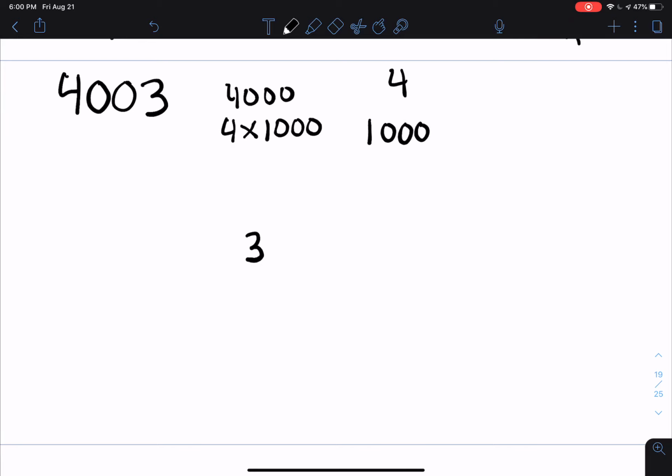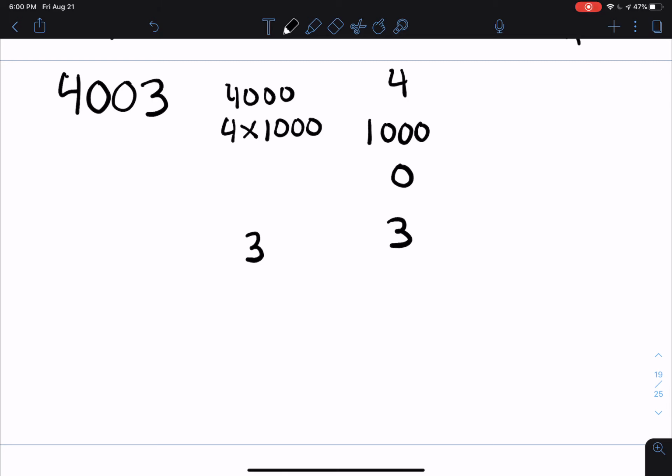We do not need the 2 zeros in the middle, both of them. We're just going to put one of them, a 0 in there just to show that there's zeros. And if it was like 4,000,003, we would only need 1 0 still in the middle. You would do 4, 1,000,000, 0, 3. Just an example.